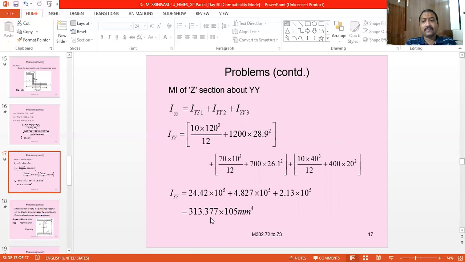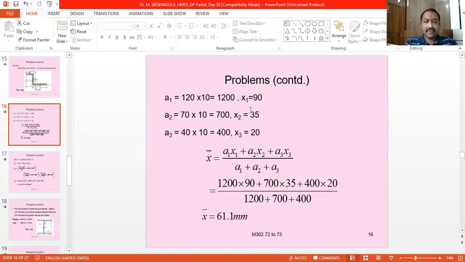So this is the moment of inertia of the given Z section about the y axis. After finding x1, x2, x3 and x bar, hx1 is nothing but the difference between x bar and x1, hx2 is the difference between x bar and x2, and hx3 is the difference between x bar and x3.